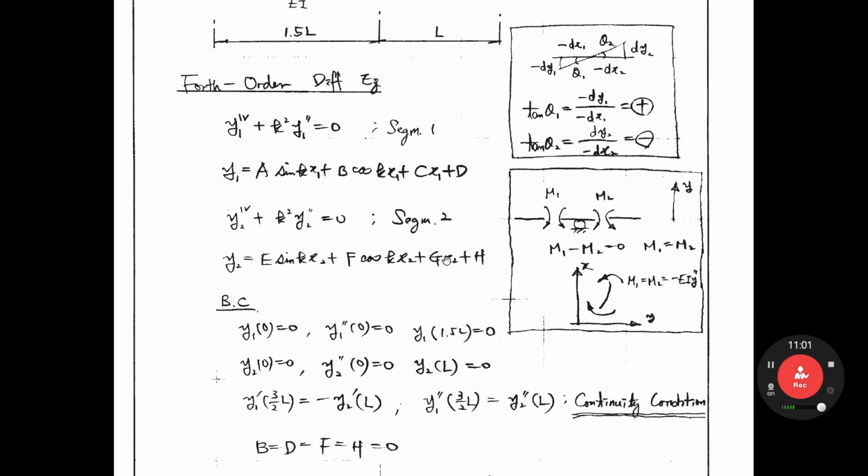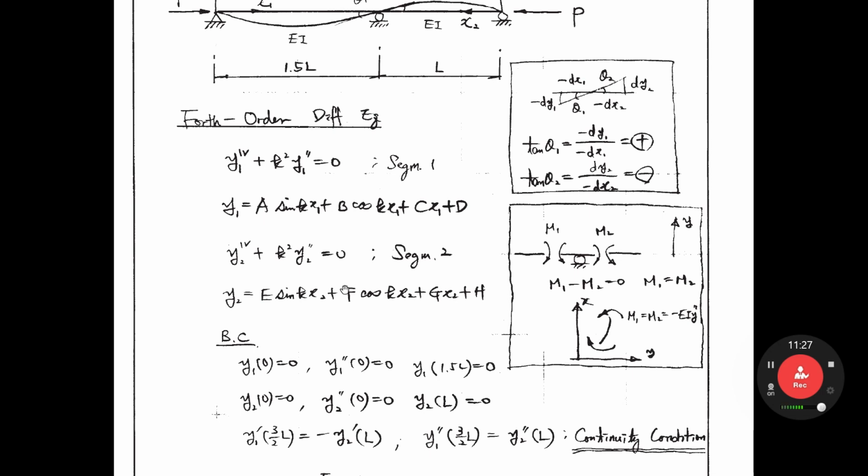So we have 4 unknowns, a, b, c, d, and another 4 unknowns, e, f, g, h. In order to solve this problem, we have to have a total of 8 equations. We will establish those equations using boundary conditions and continuity conditions.